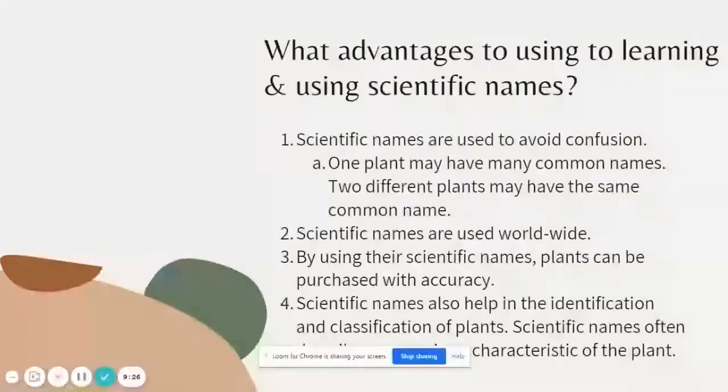In Columbus County alone, I've heard people call it yellow bells. I've heard them call it forsythia, and there's probably 5 other names that people can call it. So using the scientific name is going to avoid that confusion.